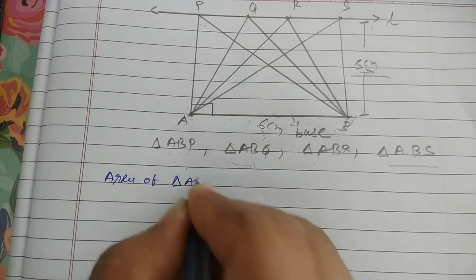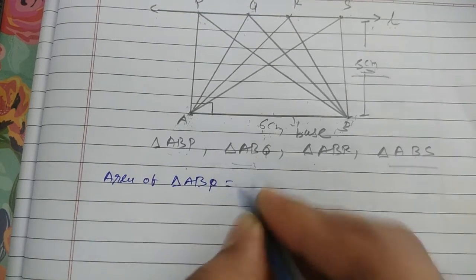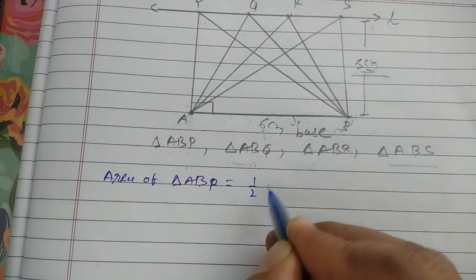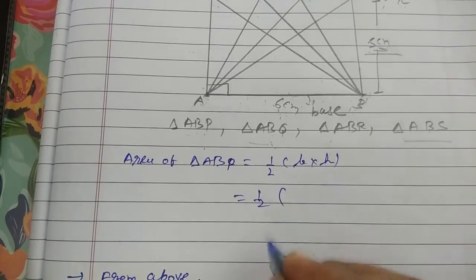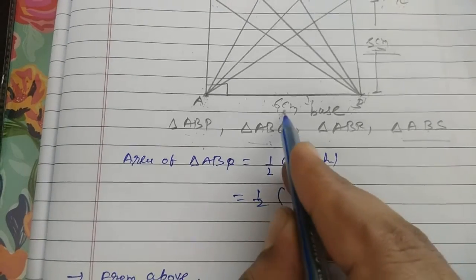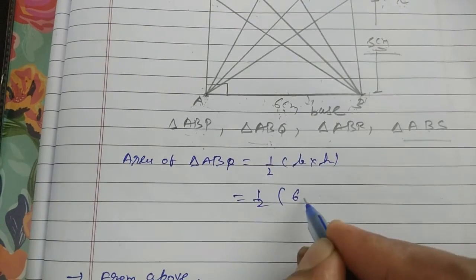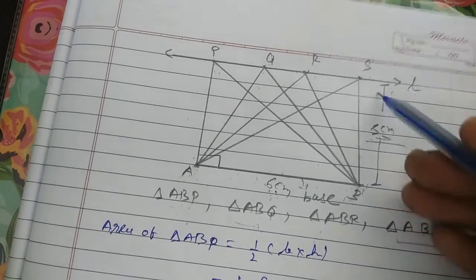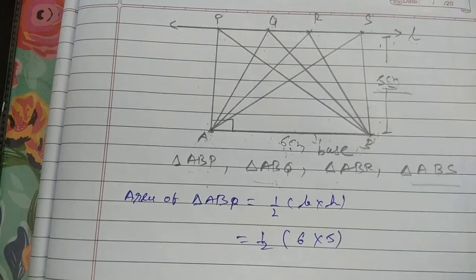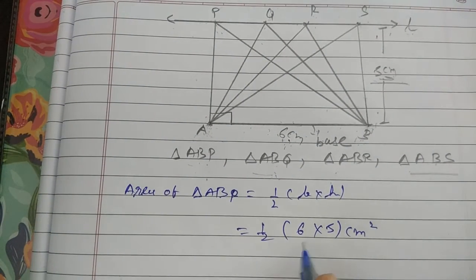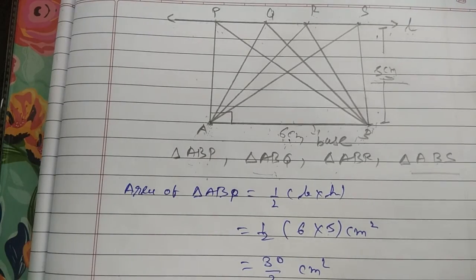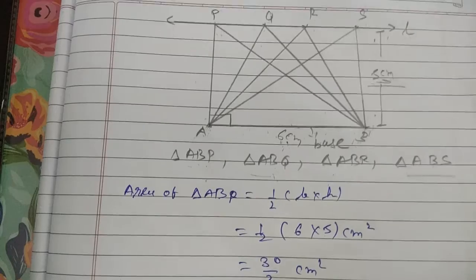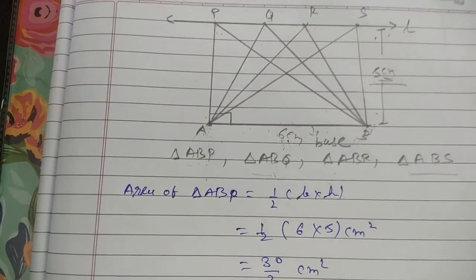Area of triangle ABP is equal to 1/2 base multiplied by height. Base is AB, which is 6 centimeter, multiplied by height 5 centimeter. 6 fives are 30, so 30 by 2 centimeter square, which is 15 centimeter square.